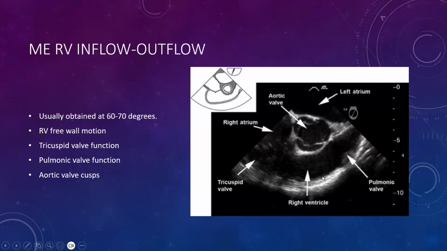And here you can see the lack of movement of the RV free wall. You can see an RV that is blown out. I have multiple times seen clot in transit through the RV. So it is in my mind a very high yield view, although it's not recognized by the Resuscitative TE project as such.